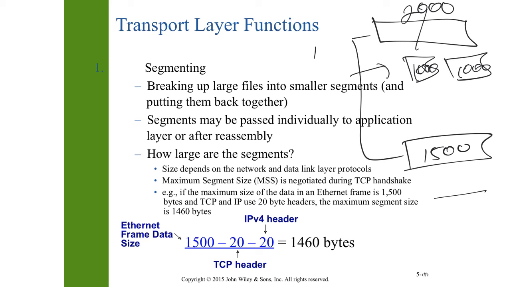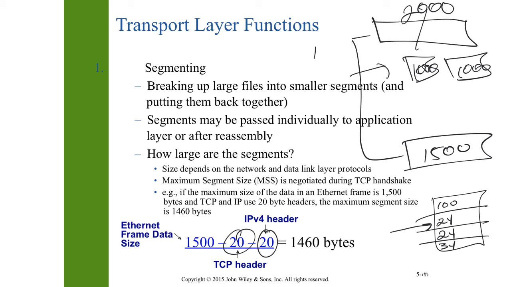Now the transport layer knows, okay, I have the HTTP, which adds about 100 bytes, the TCP adds about 24, the IP adds 24, the Ethernet adds about 34. While the PowerPoint says 20 and 20, it could be anywhere between 20 and 24.